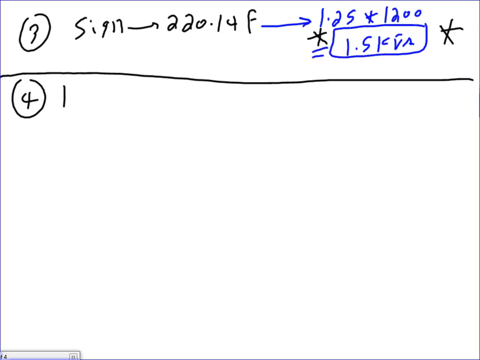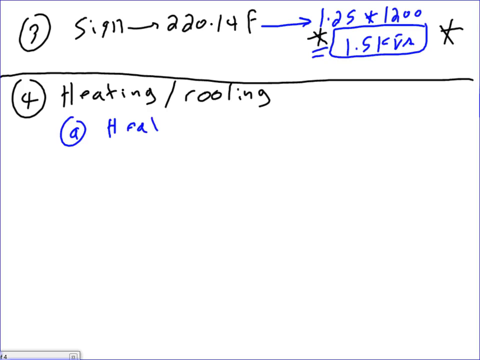Number 4, I need heating/cooling. Heating and cooling system. I need a demand for the heating and cooling system. Let's start with the heating. My heating sounds very small, but put it anyway. It's 15 kW.